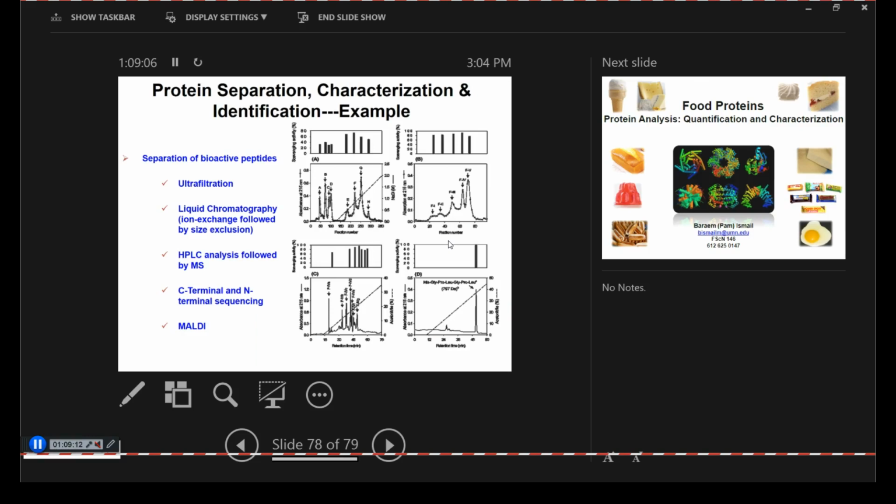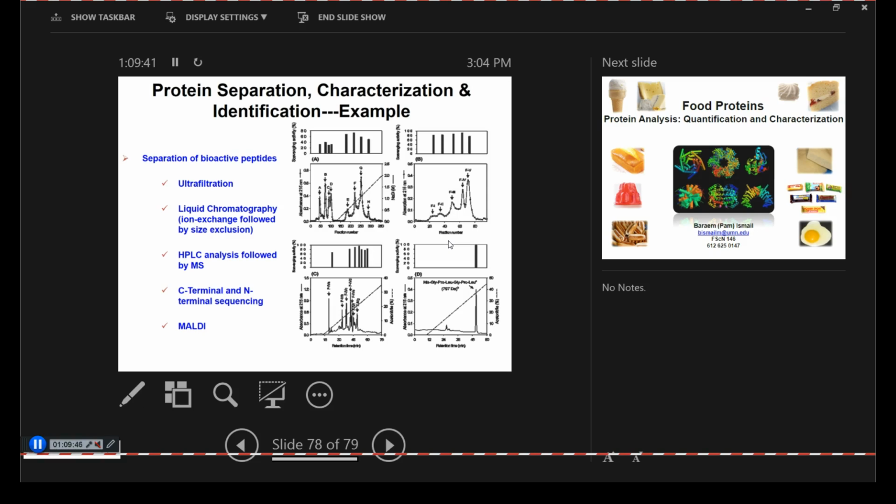Finally here just to illustrate that oftentimes when you use chromatography on protein, to purify, you use several chromatography techniques in sequence. So in this example, we were looking to isolate a bioactive peptide, in this case an antioxidant peptide, from a mixture of peptides in a hydrolyzed sample.